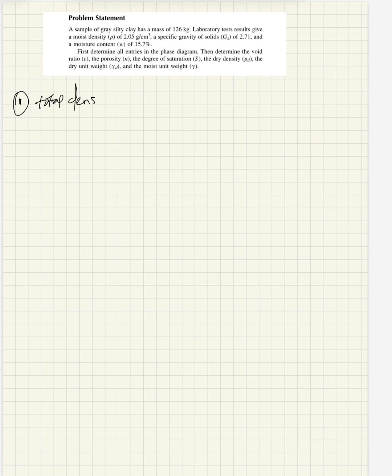Total density equals total mass over total volume. Based on the question, we've been given the total mass of soil, and we've been given the total density. So total volume equals total mass over total density, which equals 126 kilogram all over the total density.